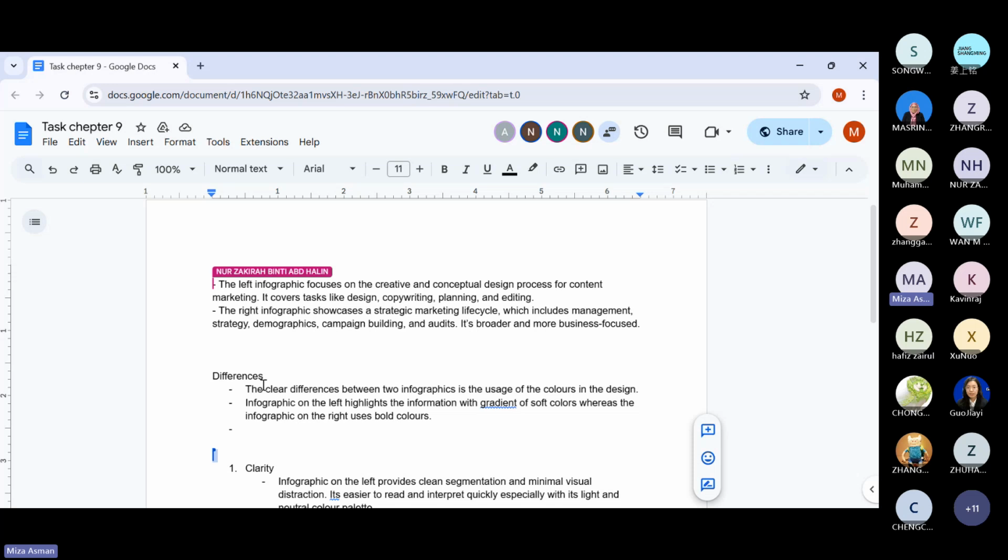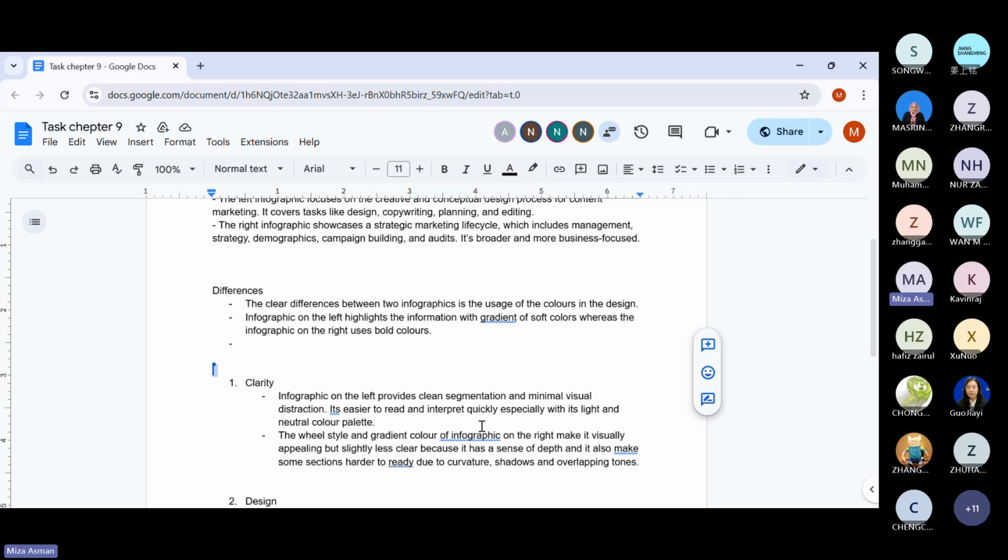First, the left infographic focuses on the creative and conceptual design process for content marketing. It covers tasks like design, copywriting, planning, and editing. The right infographic focuses on the strategic marketing life cycle, which includes management, strategy, and audit focus.